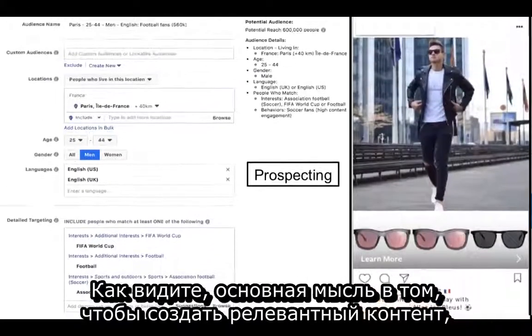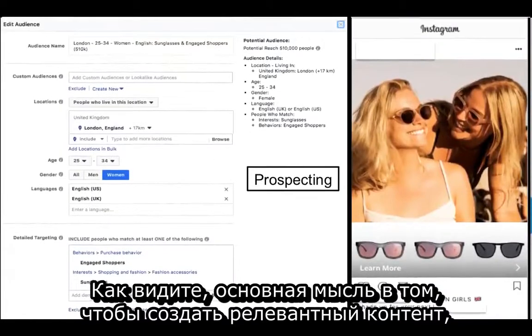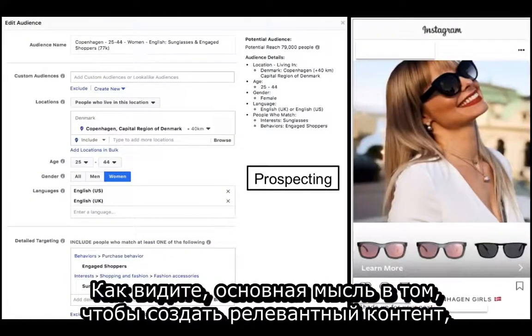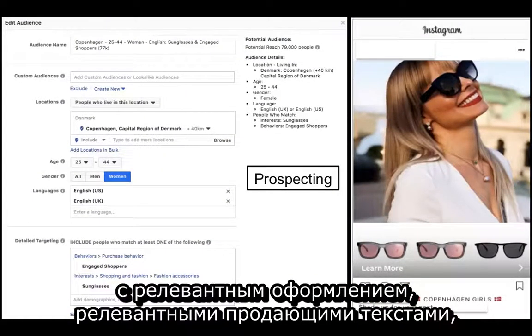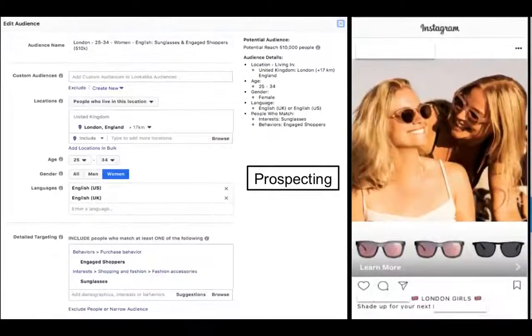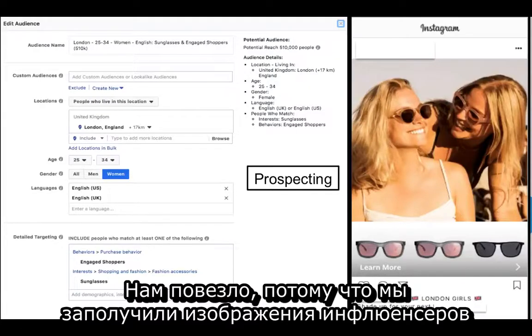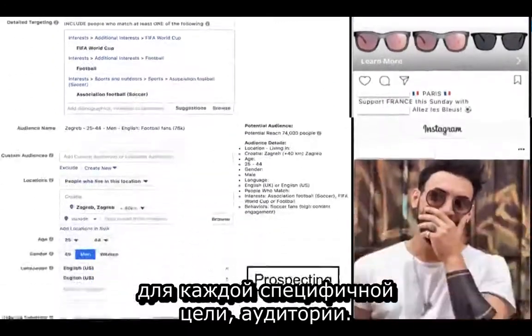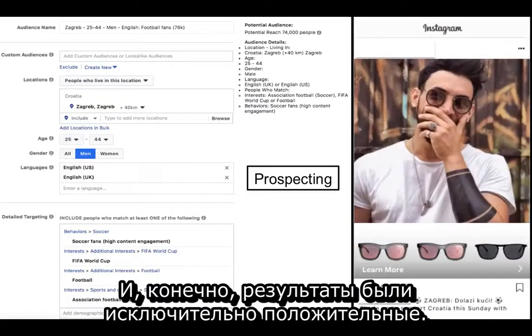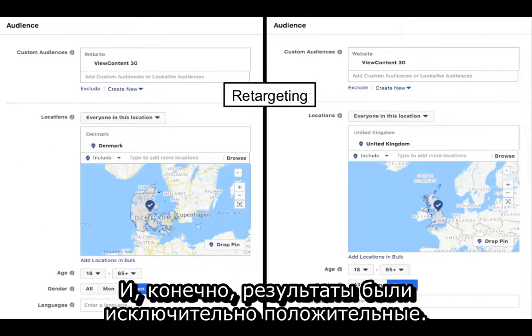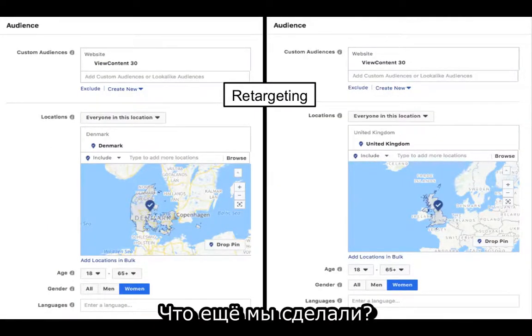So you see the basic idea is that you create relevant content, so relevant creatives or relevant copies for the specific audience. And we were lucky because we had influencer images for each specific sub-target and sub-audience, and this of course worked very nicely.